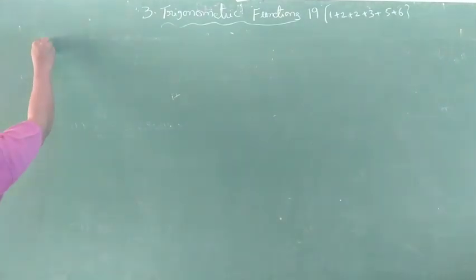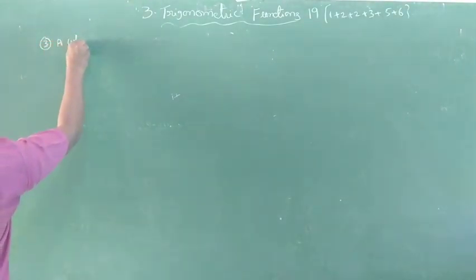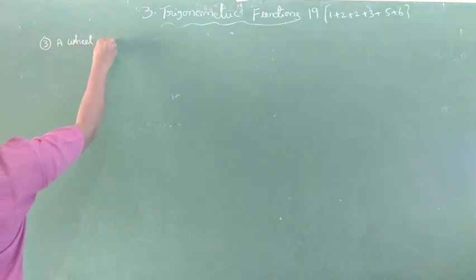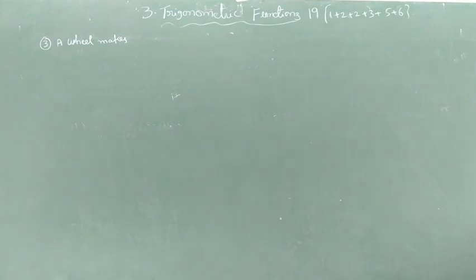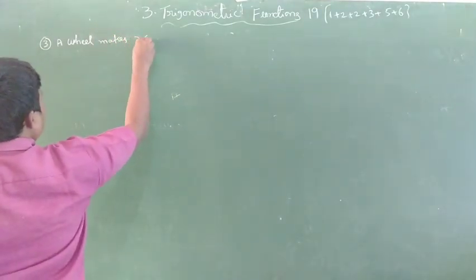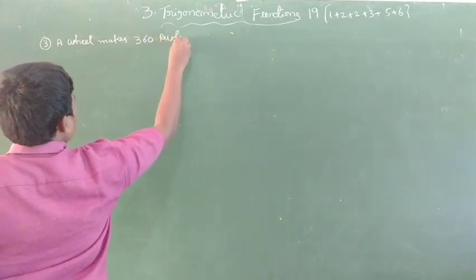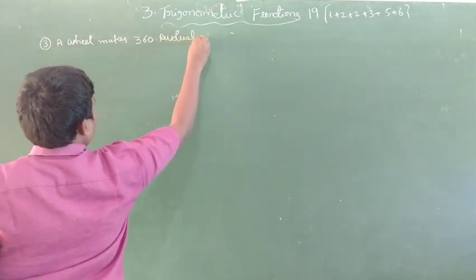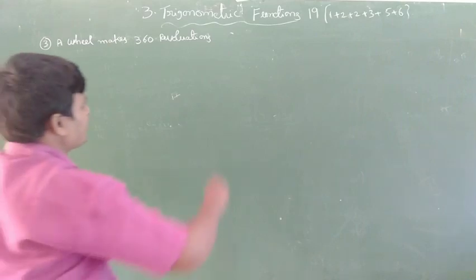Next, third problem. A wheel makes 360 revolutions in 1 minute.